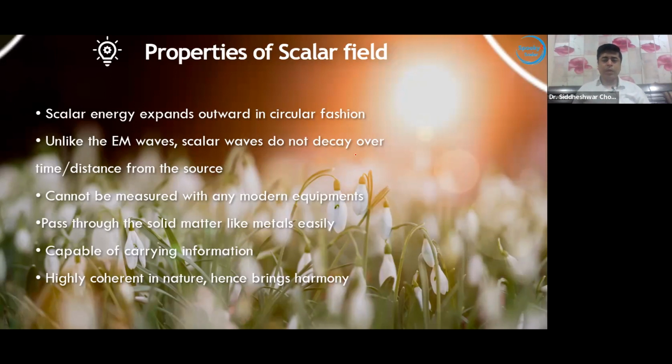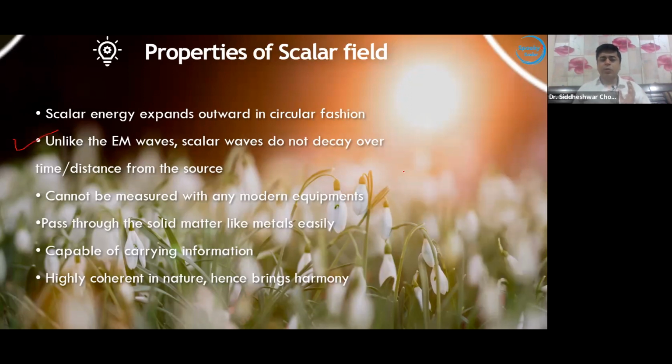Now, as we learned, the difference between longitudinal and transverse waves, it's important to know that the normal electromagnetic waves actually decay with distance from the source. That is the second point.